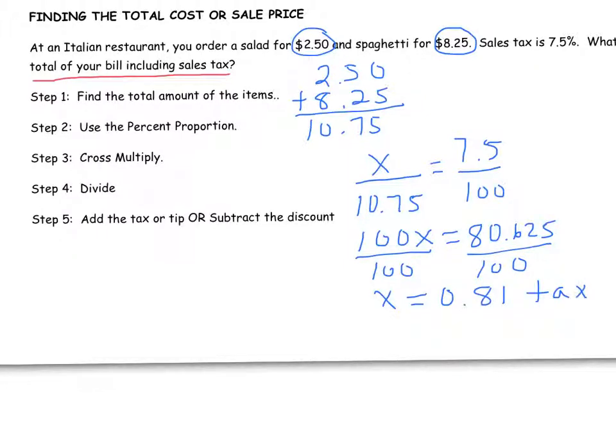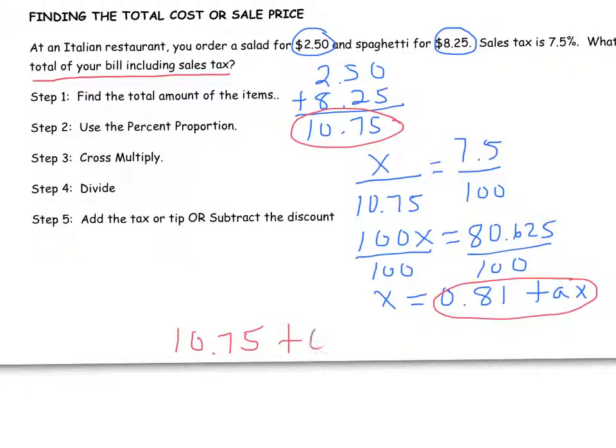Now, we still haven't answered the question because the question says we want the total bill. So the total bill, which was $10.75, or including our tax, which we found to be 81 cents. So we need to add those together. And when we do that, we should get a grand total of $11.56.